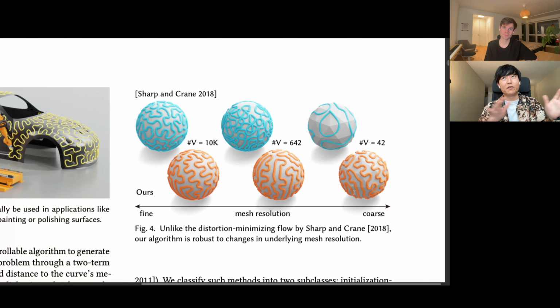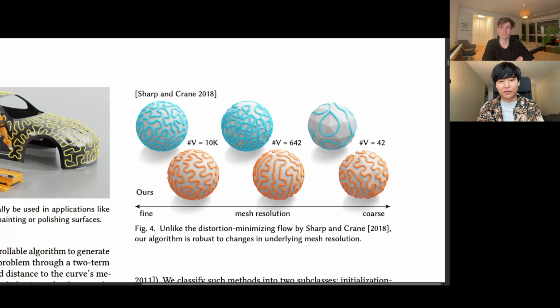If you have the surface mesh, you define a function on that surface, represented by having values at each vertex, and then interpolate the values on the faces by linear interpolation. To get the actual curves, you take the zero level sets: if you have a function on a surface, you take the curve that follows the line where the function has a zero value. That's how they represent the curve on a surface.